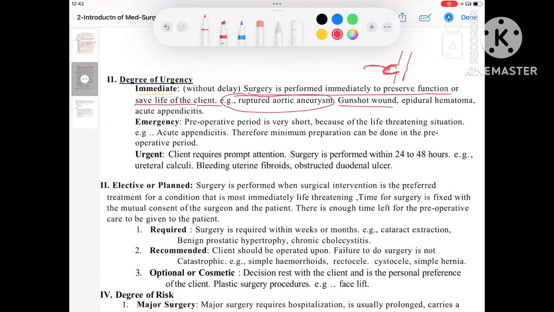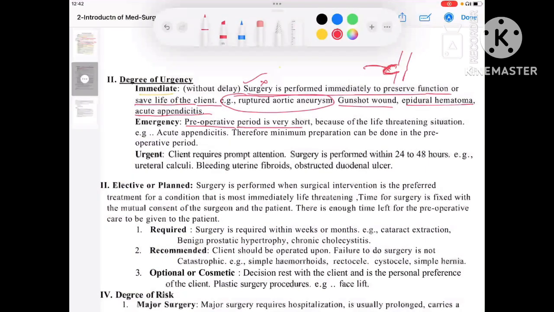Then gunshot wound, epidural hematoma, and acute appendicitis. In those cases we should give care and shouldn't delay the surgery. The patient has to undergo surgery very soon. Next one is the emergency.